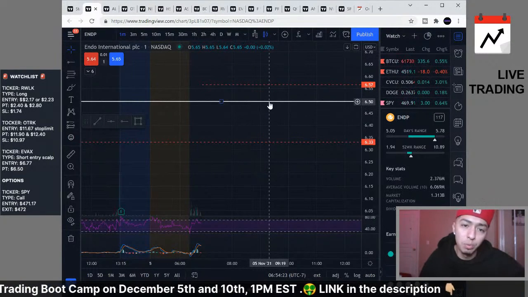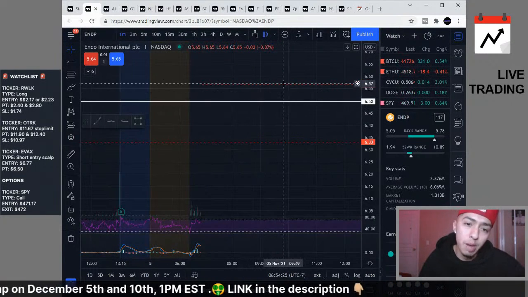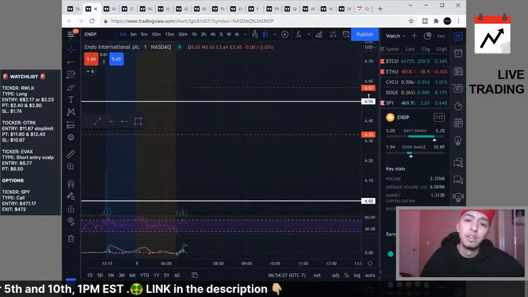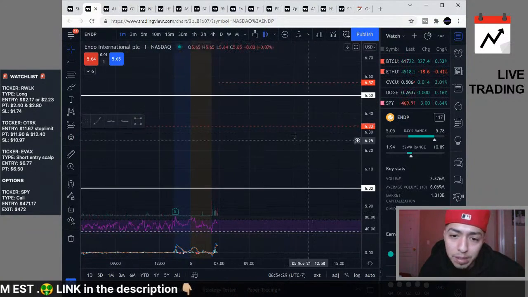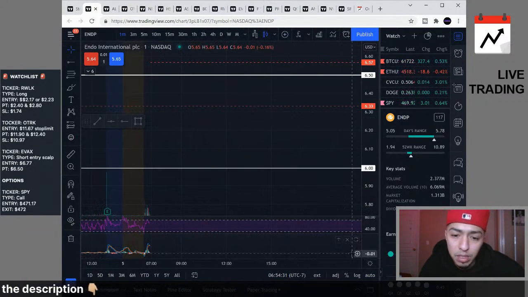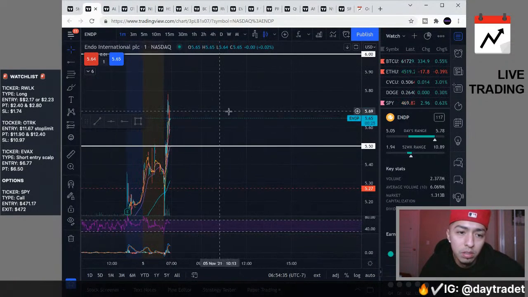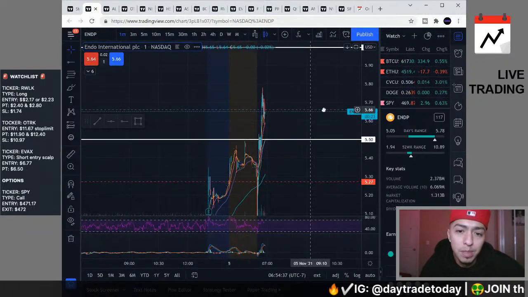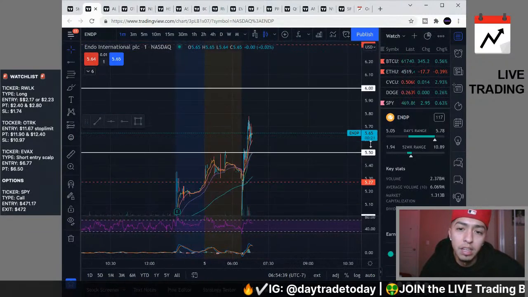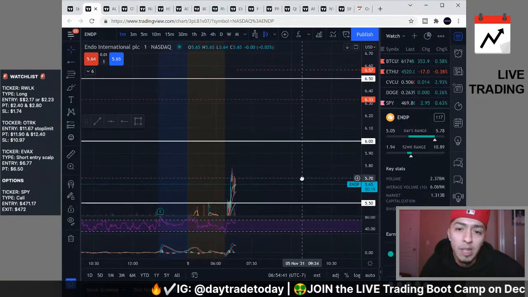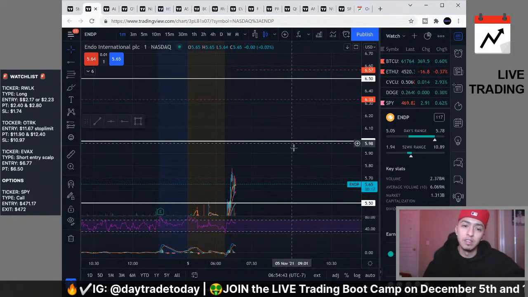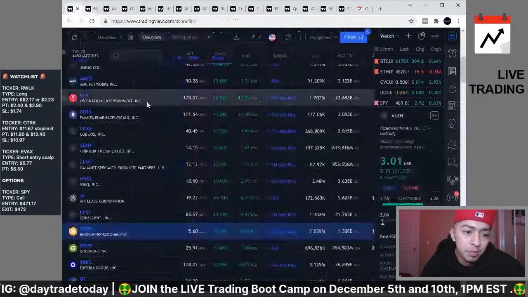We always have to hold when we come back for the retest and then move back up and then take that entry. So that's ENDP. Early entry 6.33, secondary entry 6.57 on ENDP.